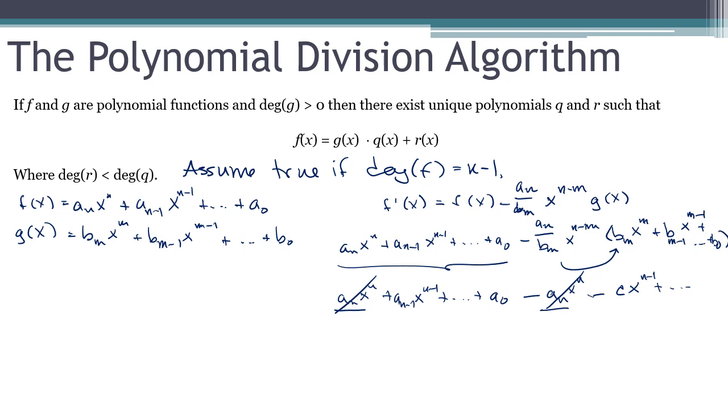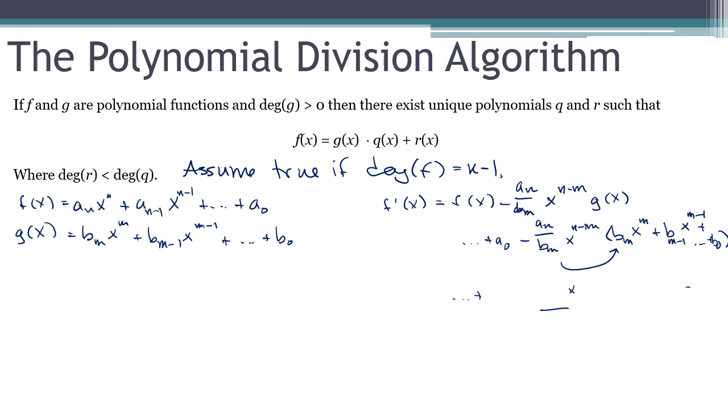All right, so let me clean this up here now that we've seen this piece. So what does that mean? Well, remember, my induction hypothesis says that the division algorithm works on a polynomial if the degree of f is n minus 1.